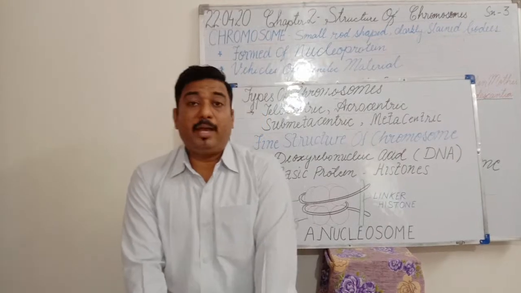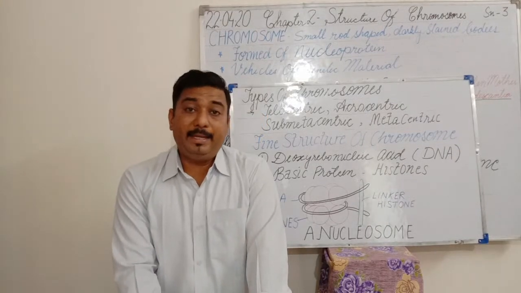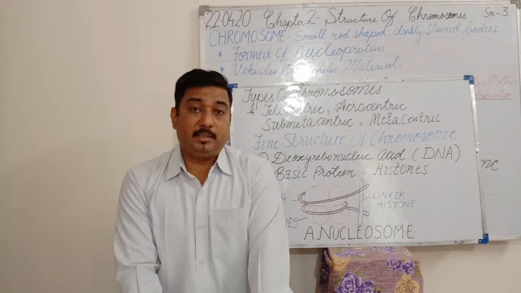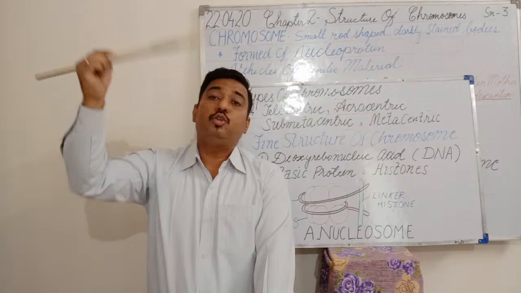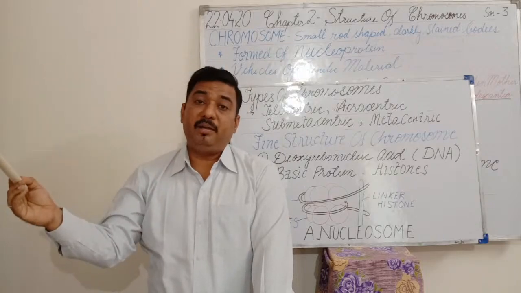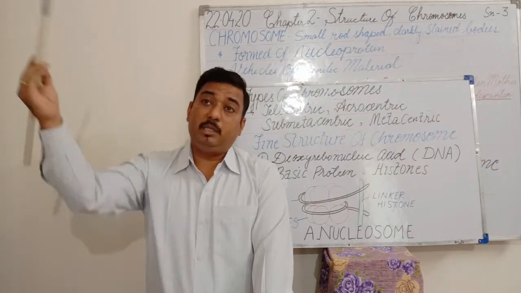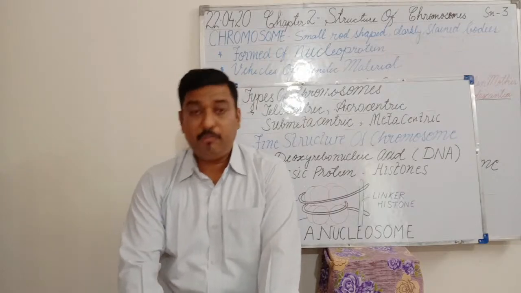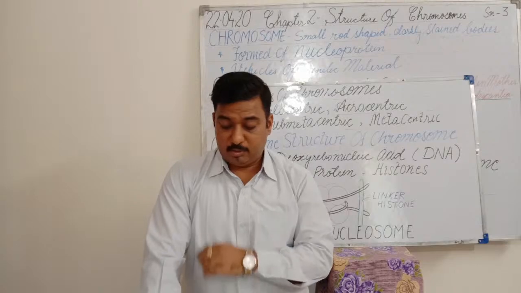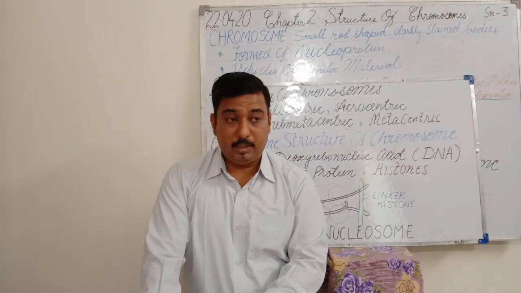If one strand starts from 5 prime to 3 prime, the complementary strand will start from 3 prime to 5 prime, meaning it will be anti-parallel. That is the meaning of anti-parallel.